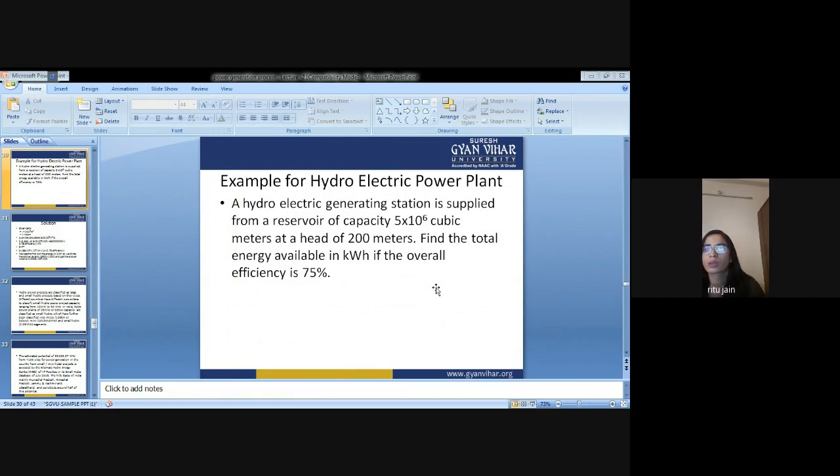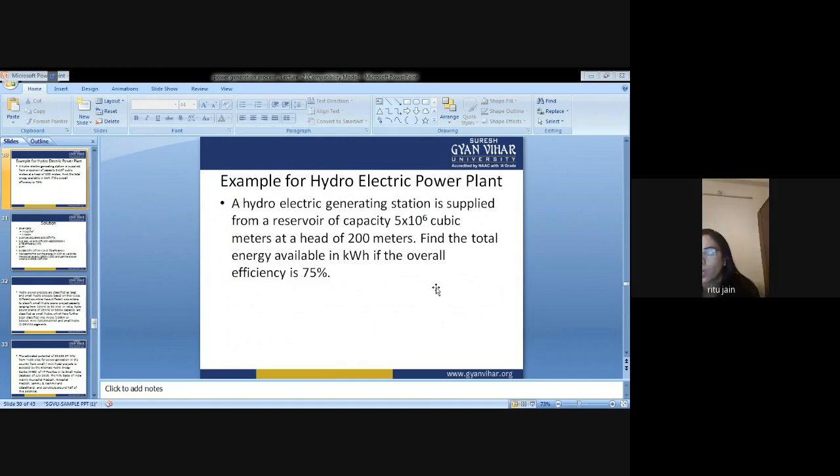Find the total energy available in kilowatt hour if the overall efficiency is 75%.